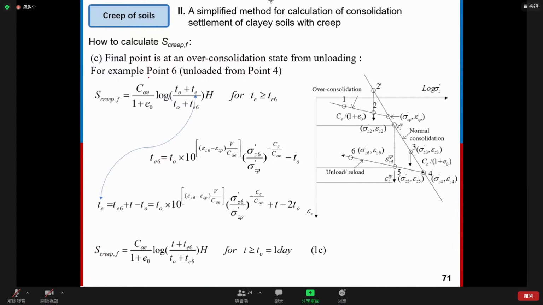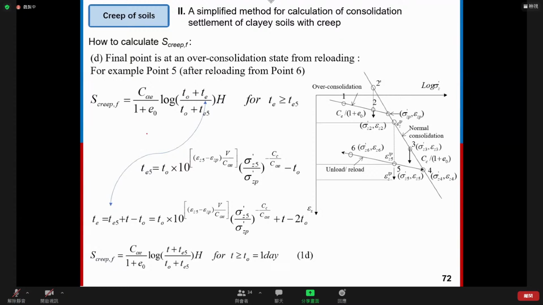Then for point 6 or point 5, they are similar actually, because all of them are on the OCL line, okay? So we can get the TE5, TE6, okay? We can expect that TE6 will be much larger than TE5, because it will take a much longer time for reaching point 6 by creep, okay?